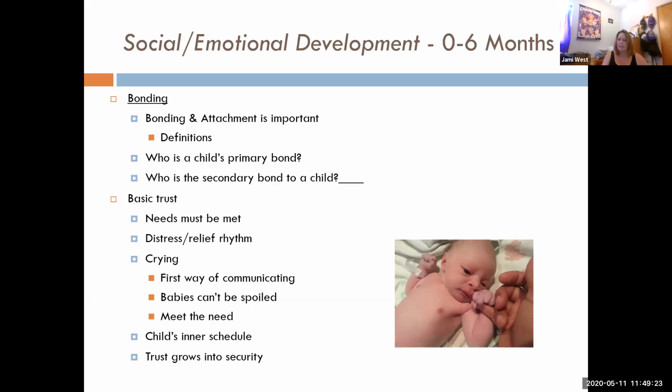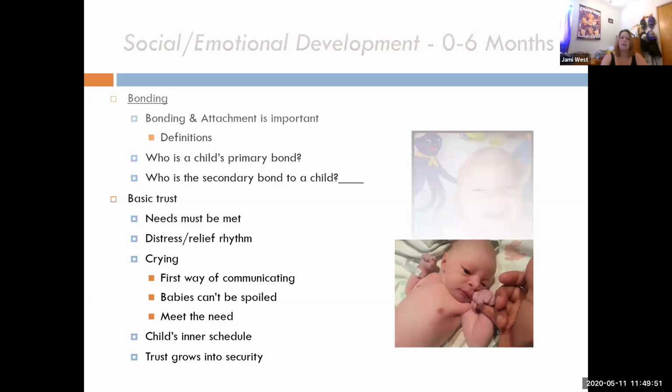It doesn't just stop at 6 months. But this progression of developing a bond and attachment, which develops into trust, which then grows into security, is the progression that we need our infants to start developing for optimum development. Okay, that is social emotional development, bonding, and trust.